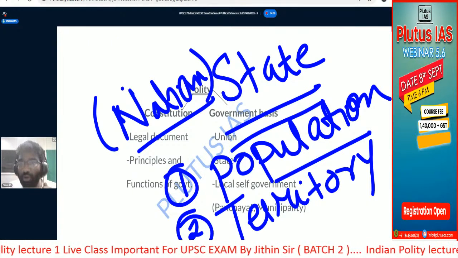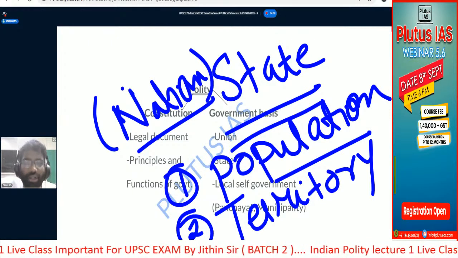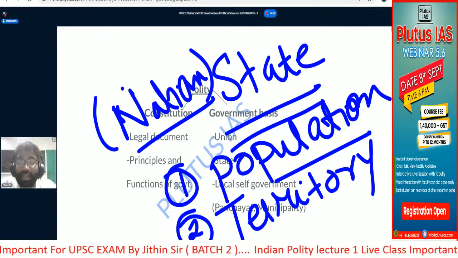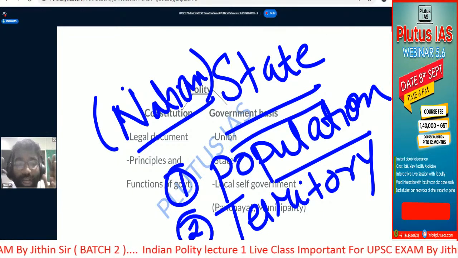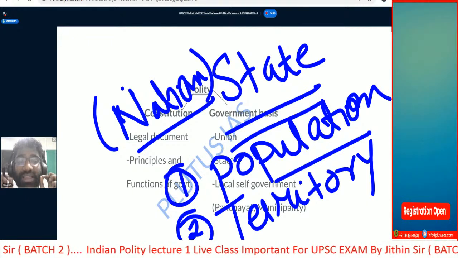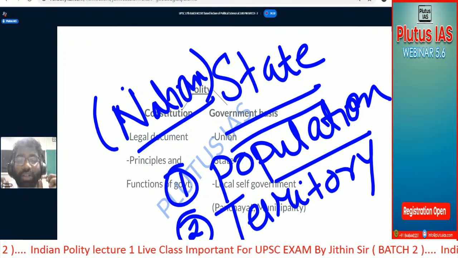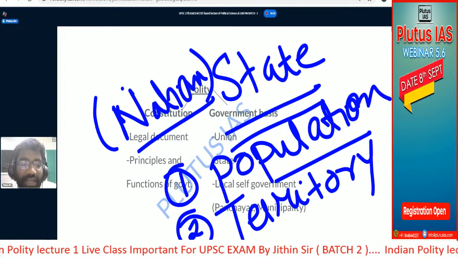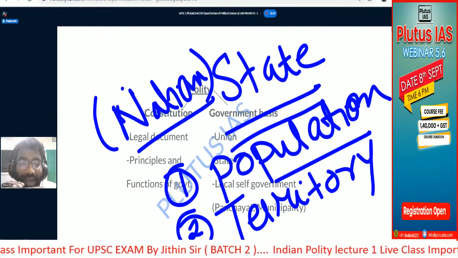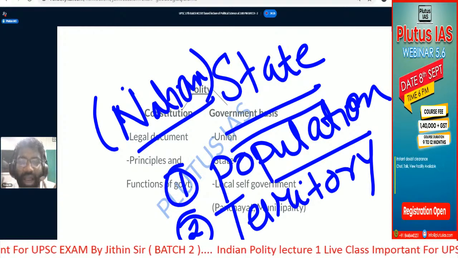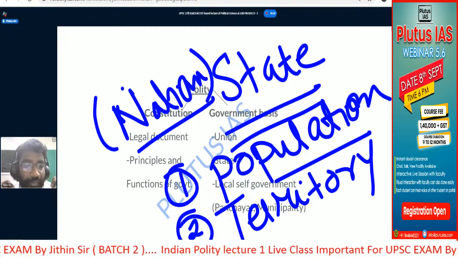From Kashmir to Kanyakumari, from Gujarat to the last state of the Northeast, we will stay on this land. The land of India is the territory of India. So the second element of a state is territory. Clear?